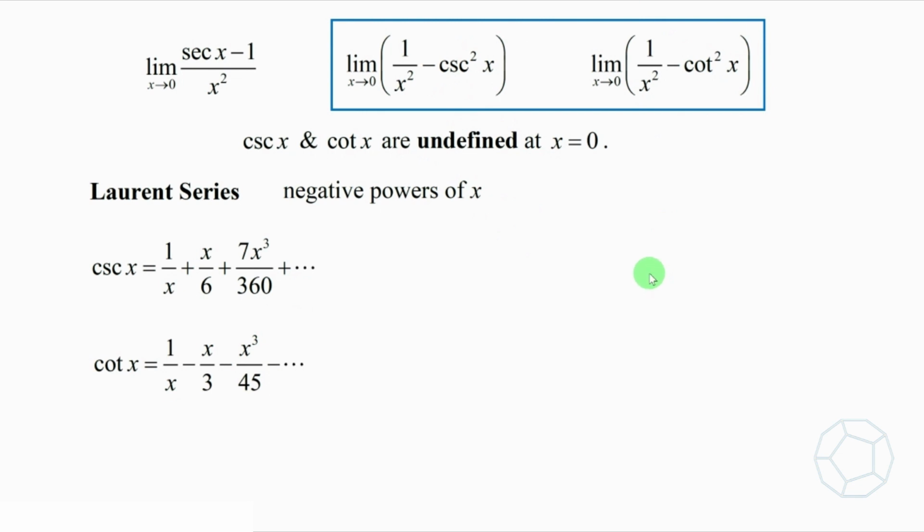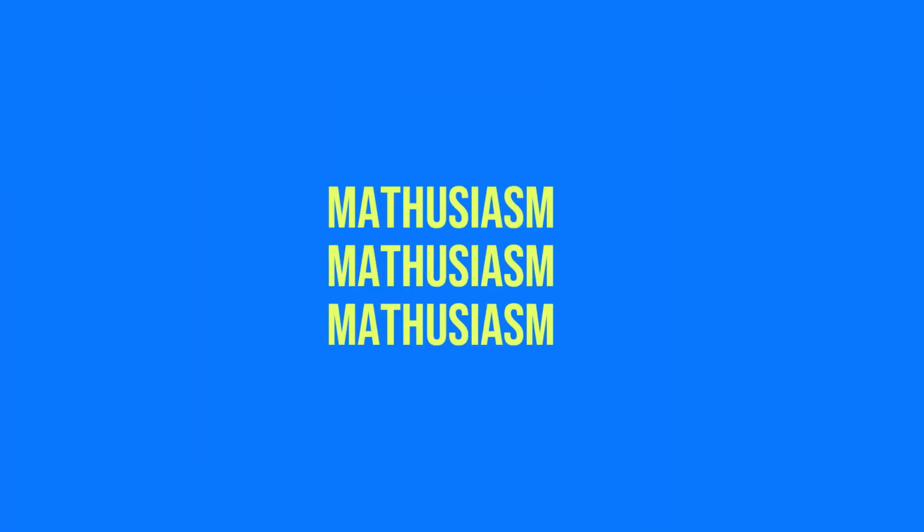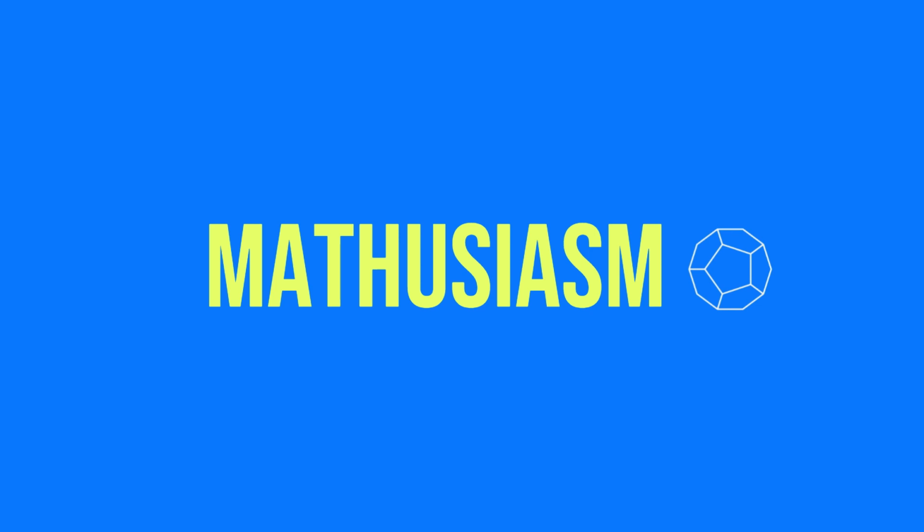Now, let's check out how to solve the problem. First of all, we work on the limit of secant x. We change secant x to 1 over cosine x. So it is equal to limit x tends to 0, 1 over cosine x minus 1 all over x squared.